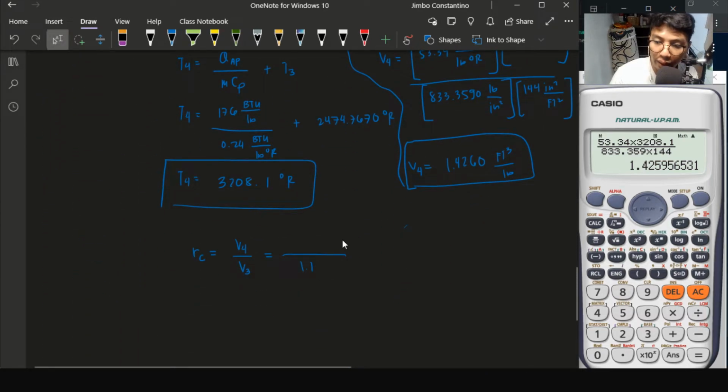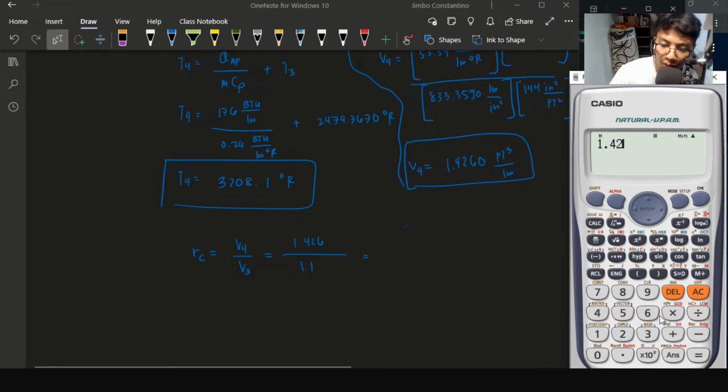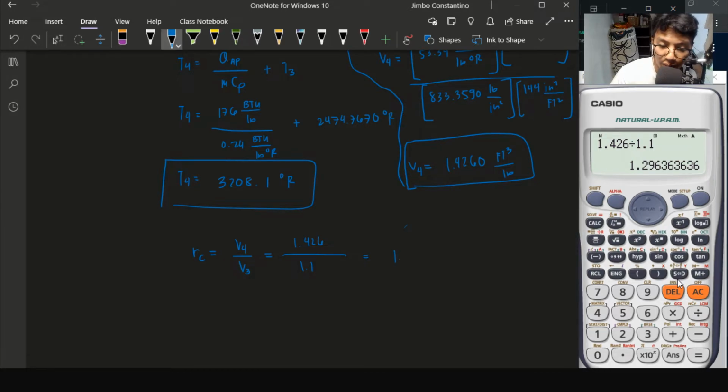Then 1.426. RC is 1.426 divided by 1.1. That is 1.2964. That is the cut-off ratio.